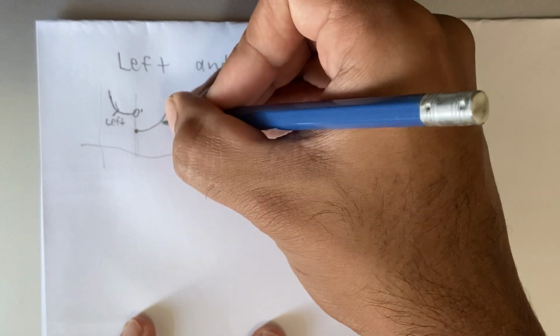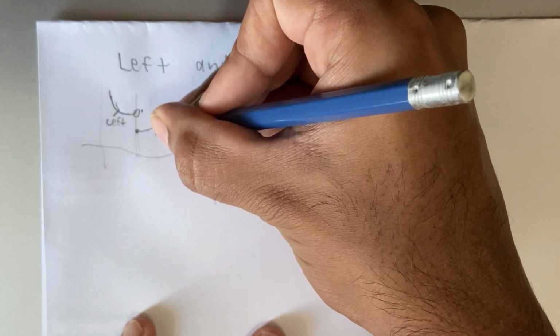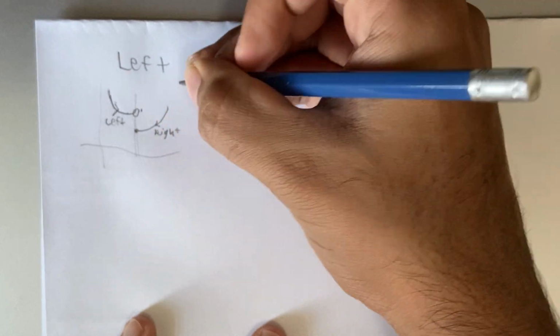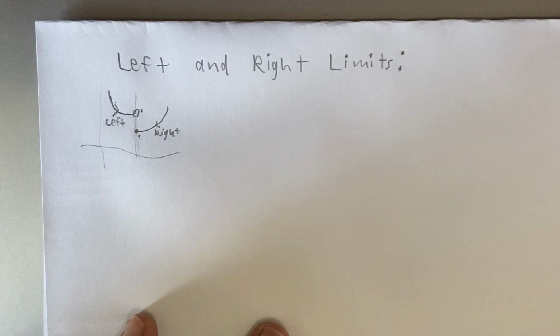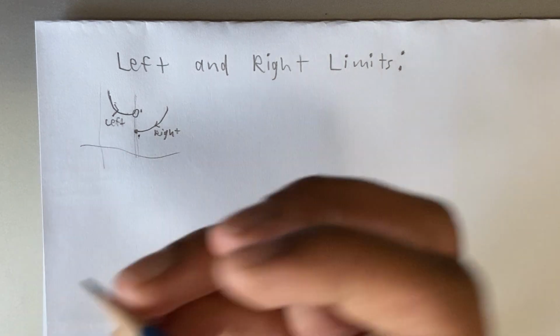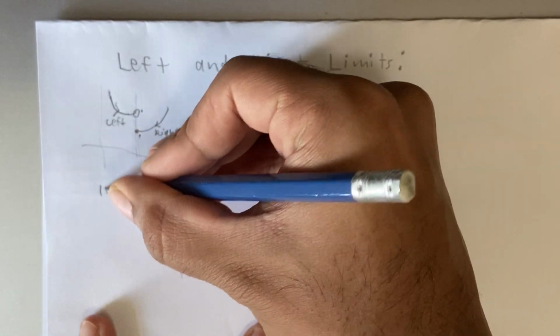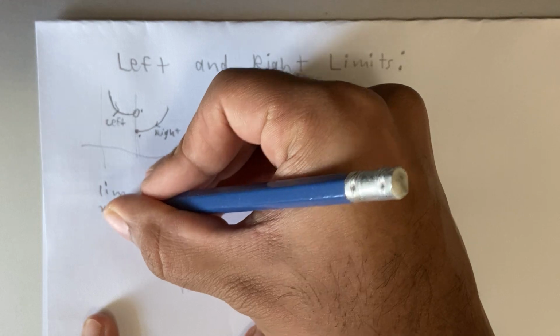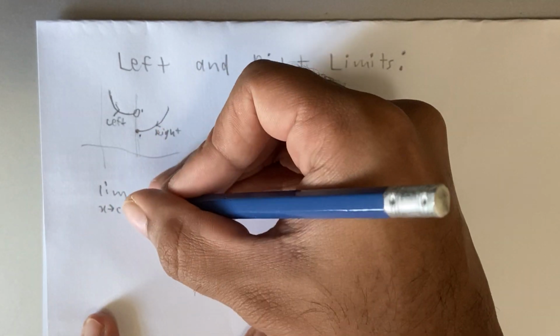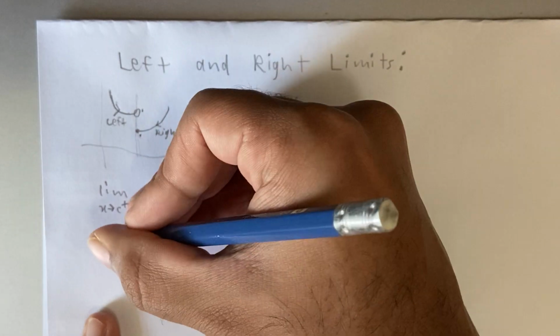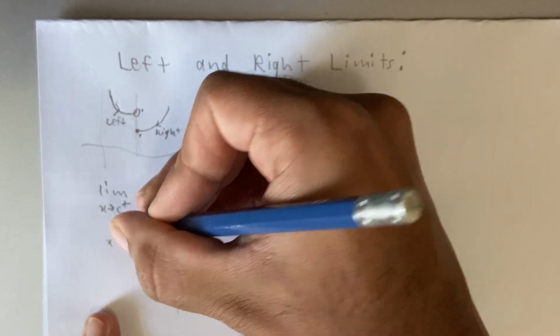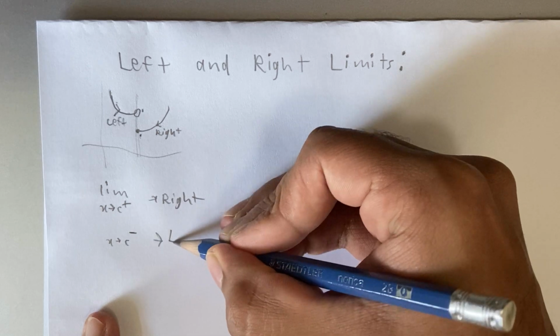Whereas the right limit would be approaching from this side, from the right, and that would be this point. So there you can see that there is definitely a huge difference between the left and right limits. The notation for this is the limit of x to c plus, which means right, and x to c minus if it's left.